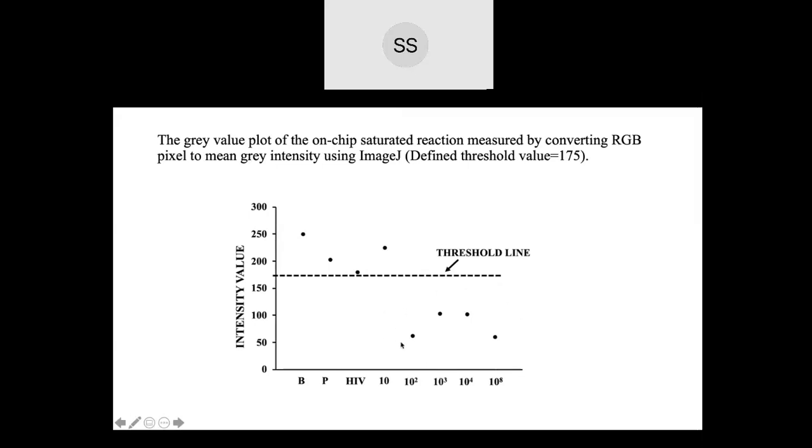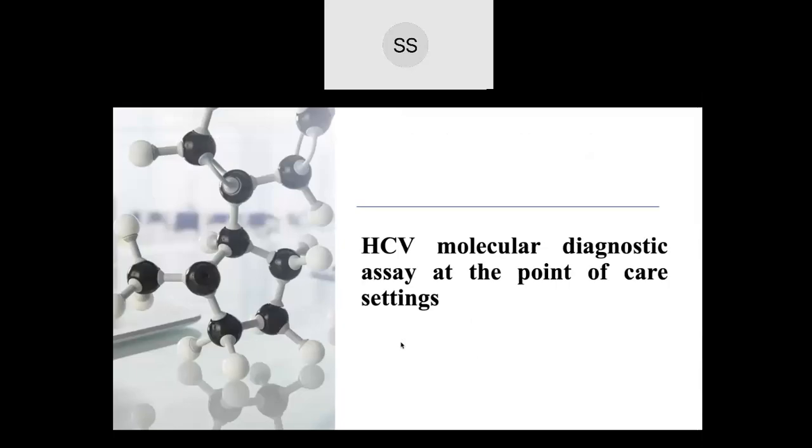It is the same trend as we saw off chip. So on chip and off chip, they follow the same trend of the intensity value, helping validate that our microfluidic platform is working well, similar to the benchtop experiments.